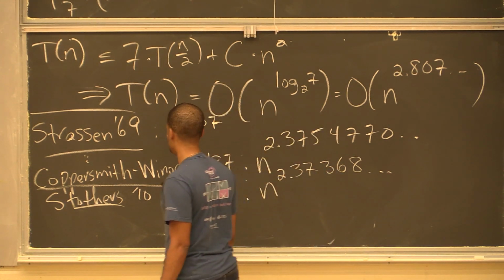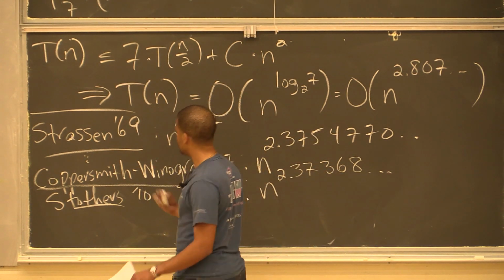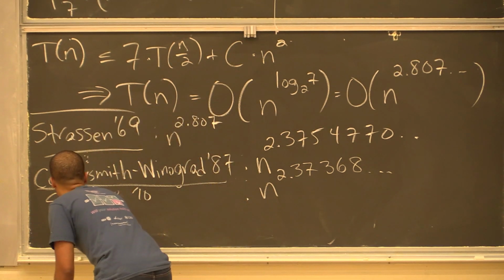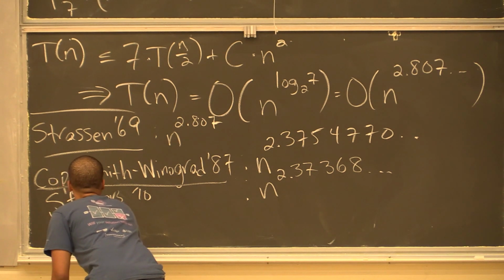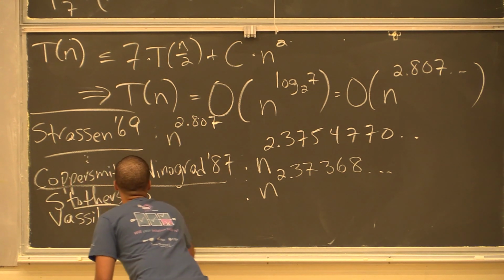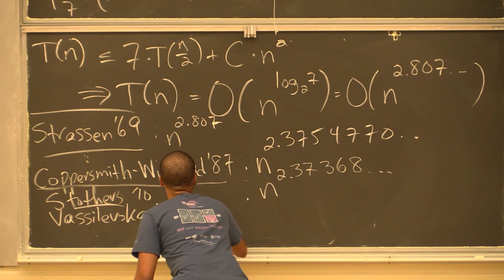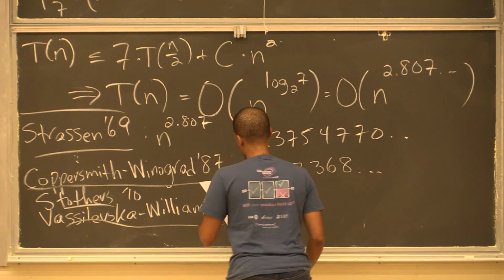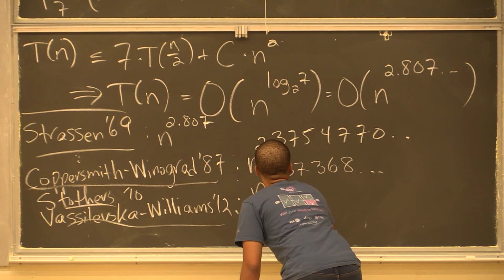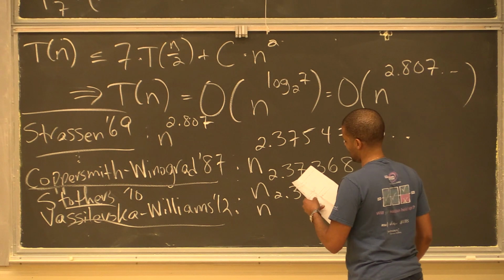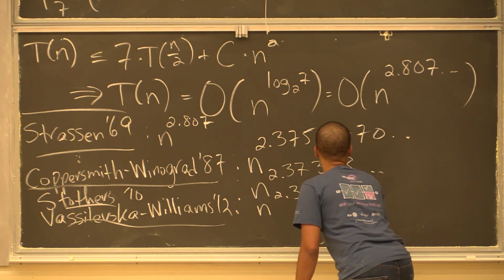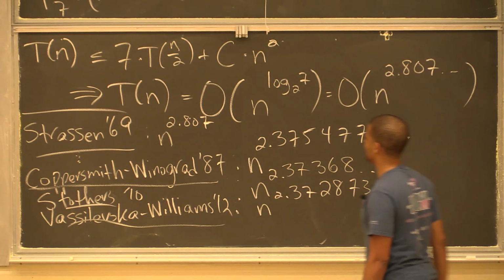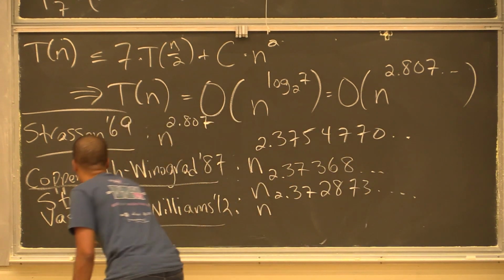It actually came after, but it was done kind of independently of knowing about Stothers' work, by Vassilevska Williams. That's one person, in 2012. And what she got was, again, n to the 2.3728, something.